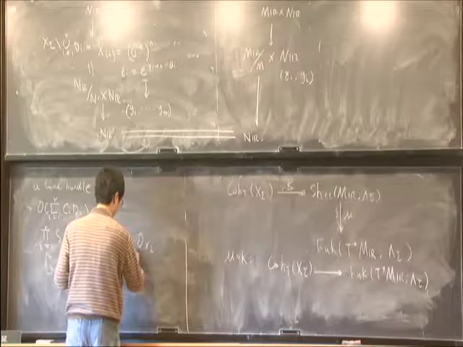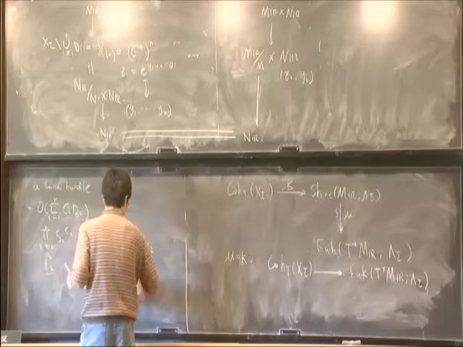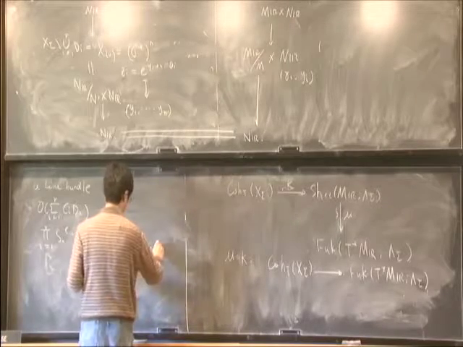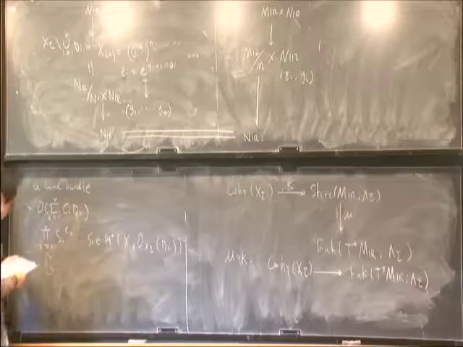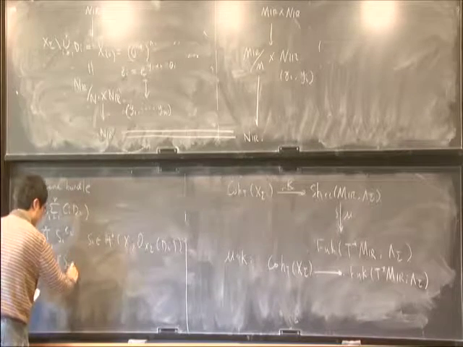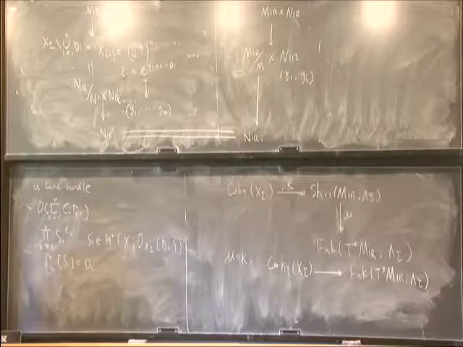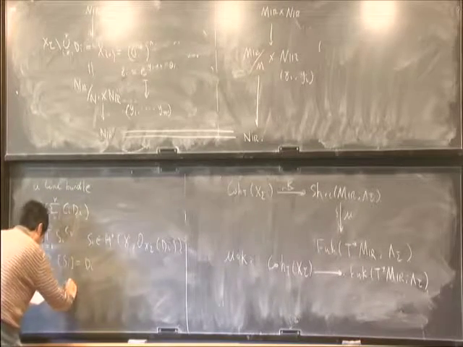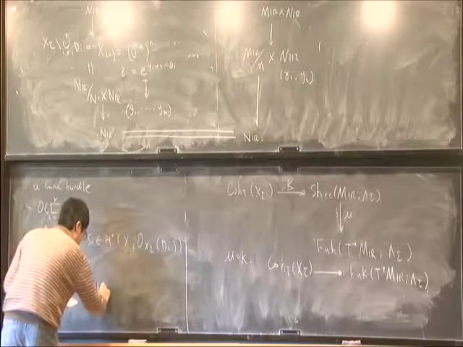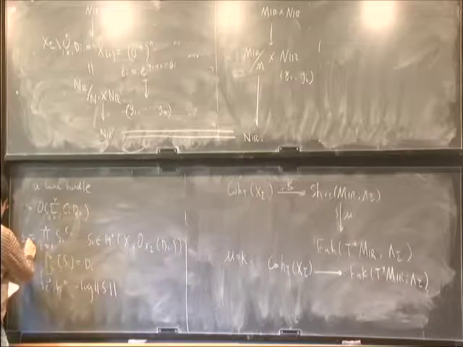So this is a meromorphic section. s_i is a holomorphic section, so the s_i is simply prescribed by this divisor D_i.